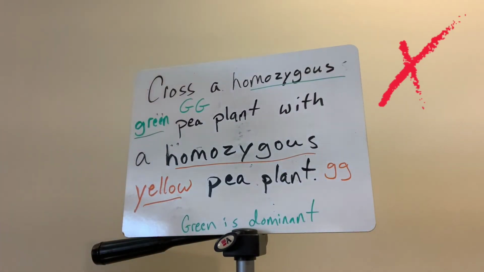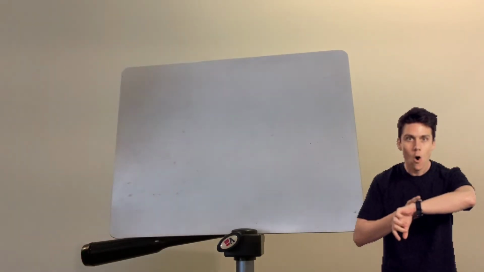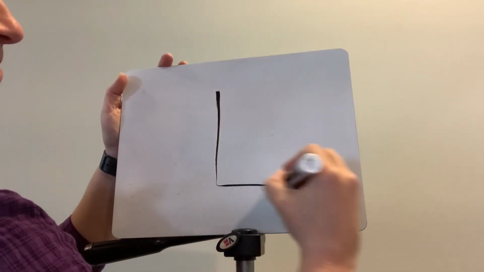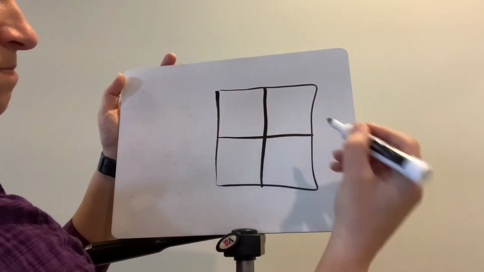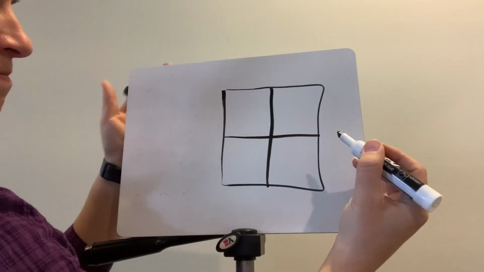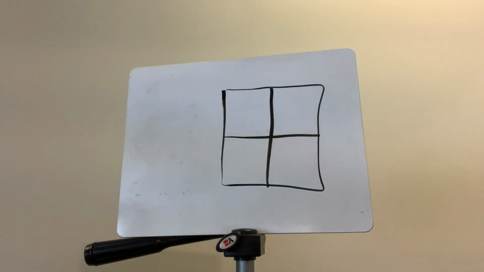So we're going to cross these two. Make our Punnett Square. And let's get our two parents set up.